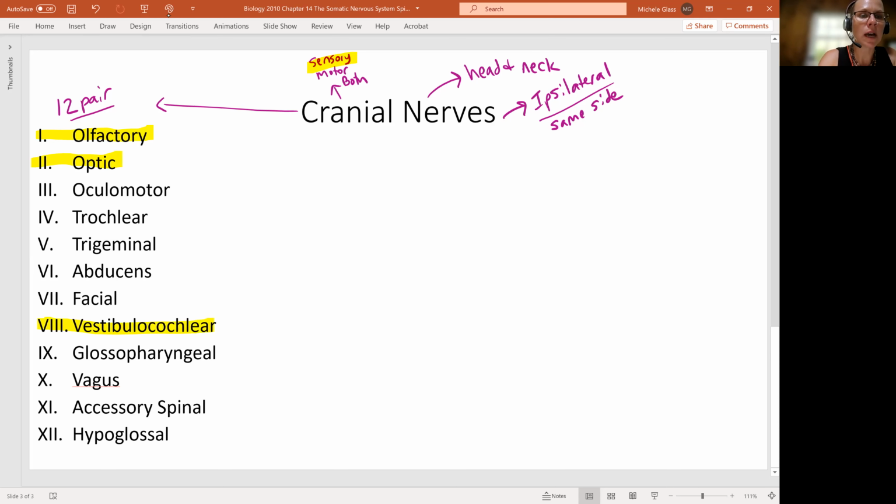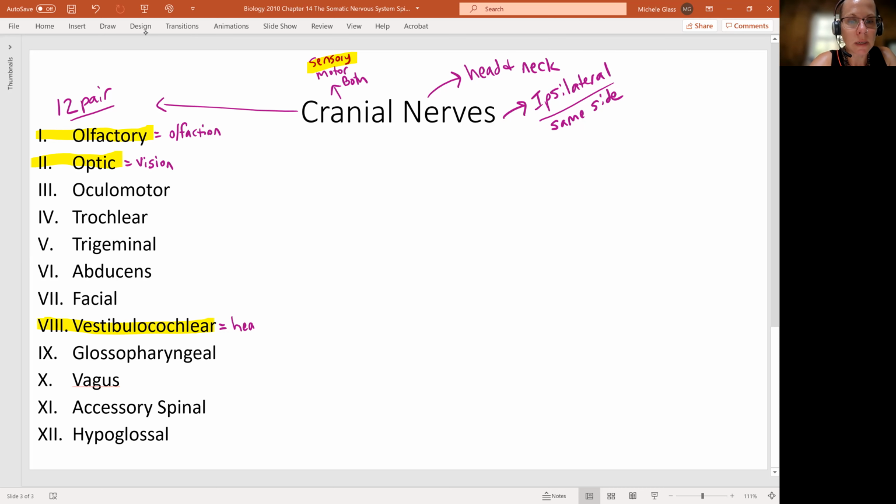The olfactory nerve is named for the sensation of olfaction, which is our sense of smell. The optic nerve comes straight off of the eyeball into the brain, so this is part of our vision.